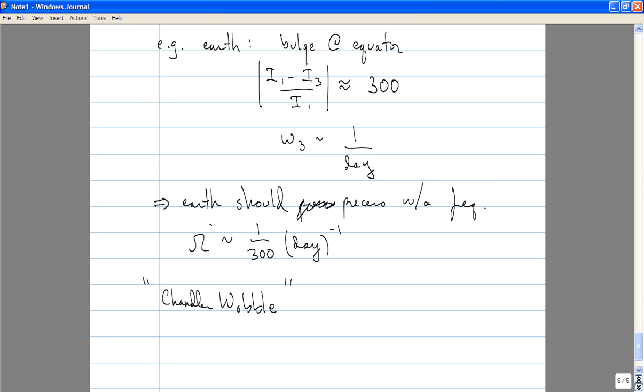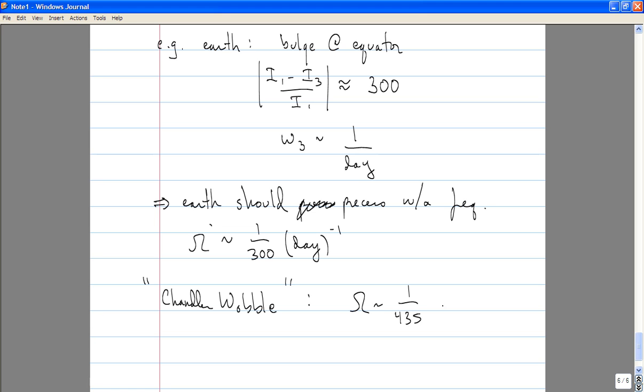Yeah. So, in fact, I'm working under the approximation here that the Earth is both axially symmetric and completely rigid. The Earth, as you may know, is not completely rigid. The oceans, for example, are highly non-rigid, being liquid. And even the Earth's crust is not completely rigid. It has some flexibility. So, in fact, experimentally, this has been observed with a frequency of 1 over around 435 inverse days.